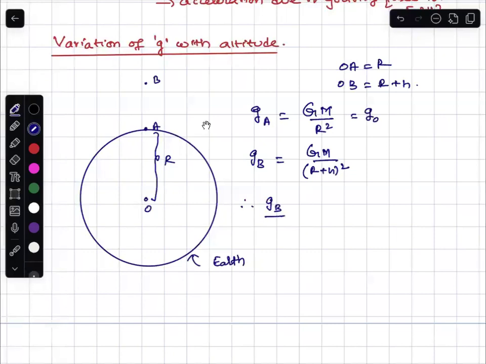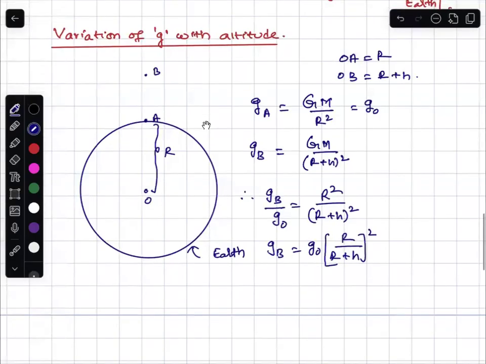So gB by g naught is nothing but R square by (R plus H) whole square. So with the height, g decreases. So gB is g naught times (R by R plus H) whole square.